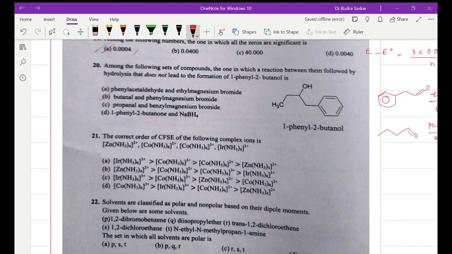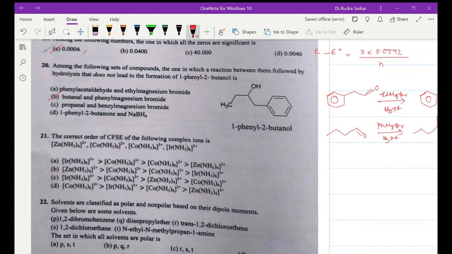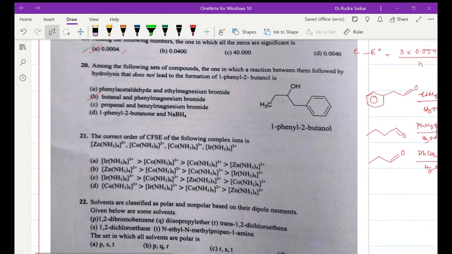If you are given propanal to react with benzyl magnesium bromide, so we are given propanal, and that is being reacted with PhCH2MgBr followed by the hydrolysis, and that will give you obviously the desired 1-phenyl 2-butanol.